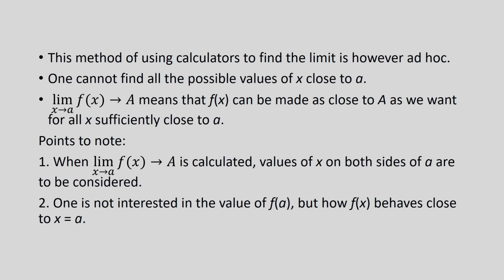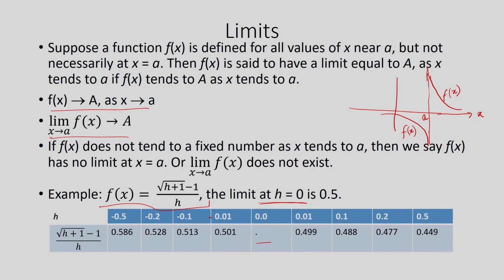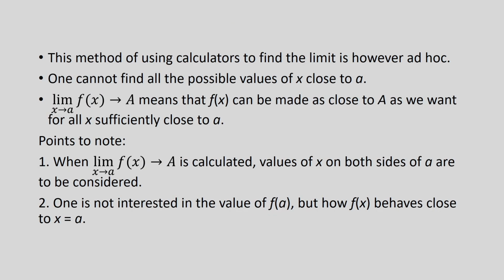This method of using calculators to find the limit is however ad hoc. What we are doing is using calculators to find out the value of the function, as we take the value of h very close to 0. This is ad hoc. Why? Because we cannot find all the possible values of x close to a.